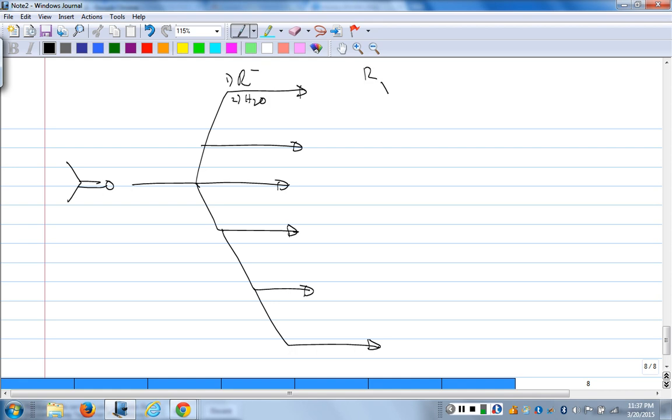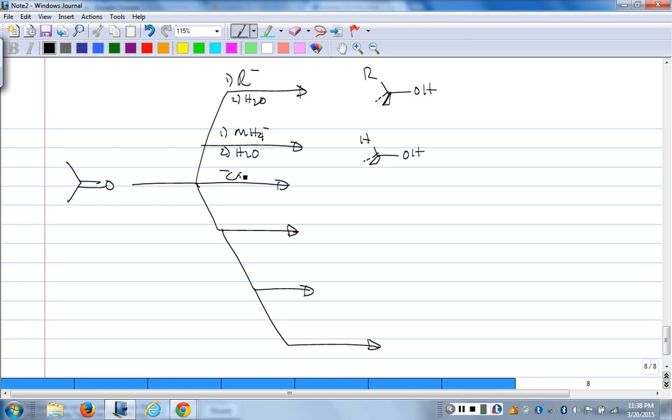What they give rise to is the corresponding alcohol. They can react with H minus, so from, let's say, MH4 minus, either LiAlH4 or sodium borohydride, followed by water, typically. That's going to give rise to the alcohol with the same number of carbons. And we've seen both of these reactions before.